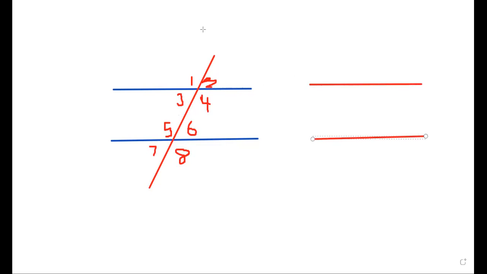Alternate, we will find that it should be one right and one left. One right and one left. So if I want to discover where the alternate interior is in this diagram, can anyone tell me the number of angles which represent alternate interior? Give me an example of alternate interior.